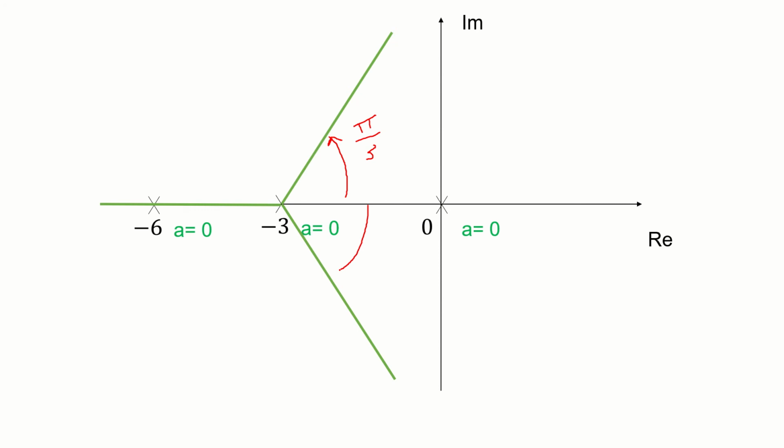This is the second asymptote with an angle of minus pi over 3. And this is the third asymptote with an angle of pi. We already know that one part of the root locus is for S smaller than -6, which will be aligned to this third asymptote with an angle of pi.